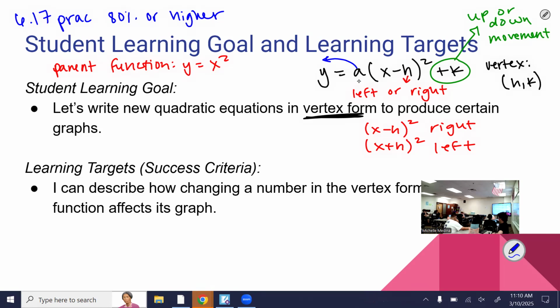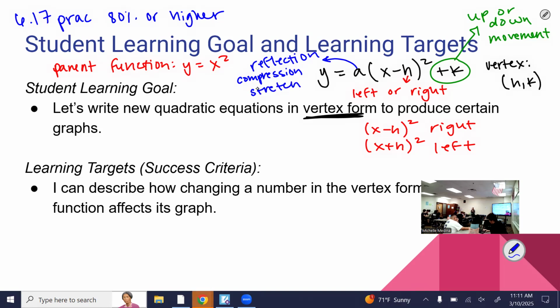So if I change the A from 1, what would a negative A do? Okay, so it can tell you if there is a reflection. And then if A is something other than 1 or negative 1, it can tell you if there's a compression. And what's the other word? Stretch.